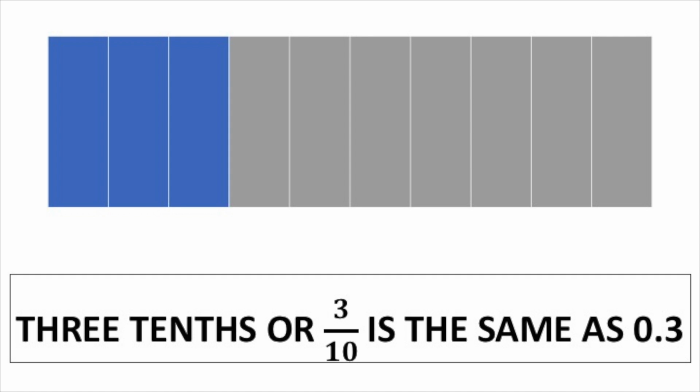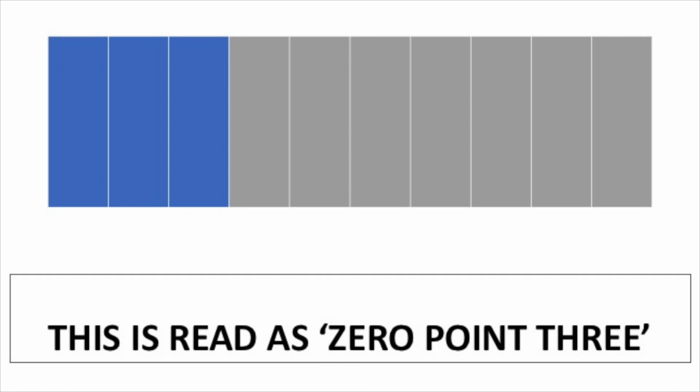Or sometimes you might hear nought point three. We can use zero or nought interchangeably. They both represent the same digit. But for the purpose of the lesson, we'll stick to zero. This is read as zero point three because you can see the 3 parts of the whole that are shaded.